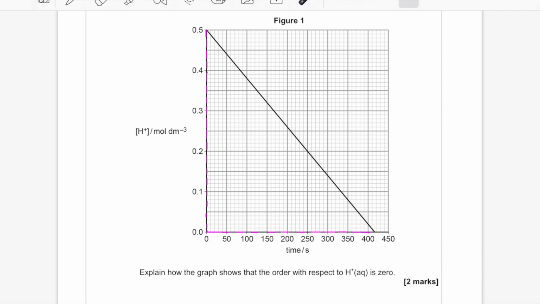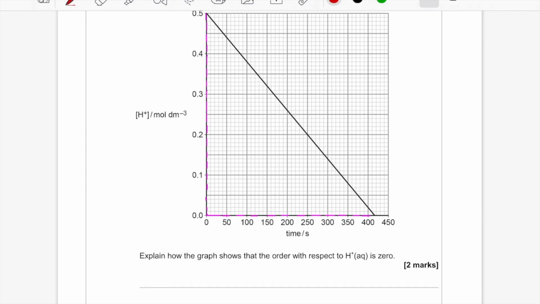Now, that gradient is the same all the way through, so that piece of information is telling us this is 0 order. So there is a constant gradient. Now we have to explain what that gradient is referring to. We can't just leave it at that. You can see it's 2 marks, so we need to say 2 things. So there is a constant gradient as the concentration changes, because that's what we're focusing on, all right?